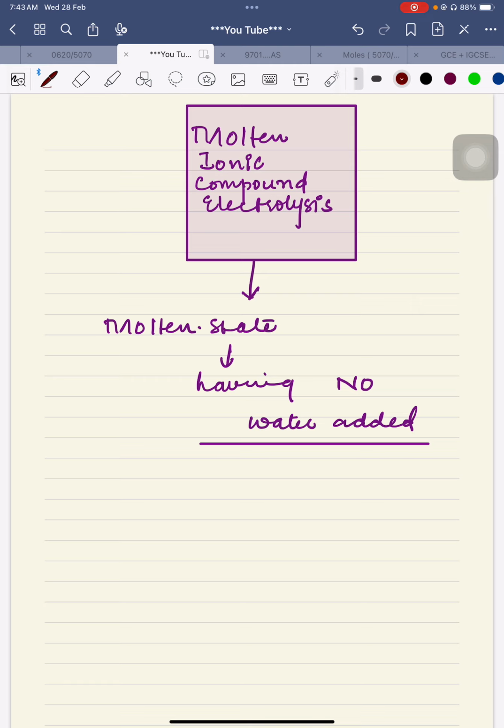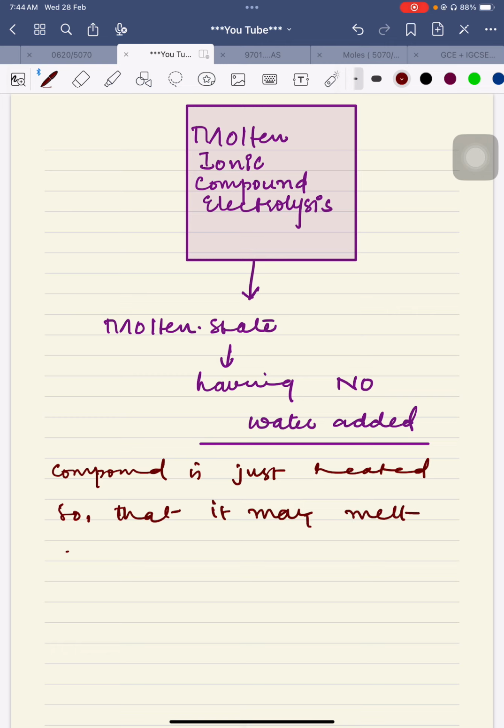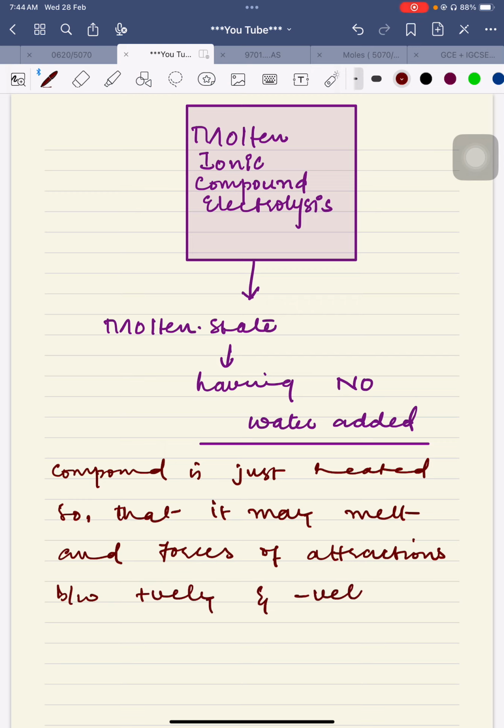Water is not present, and the compound is just heated so that it may melt, and the electrostatic forces of attraction between positively charged and negatively charged ions may break up.